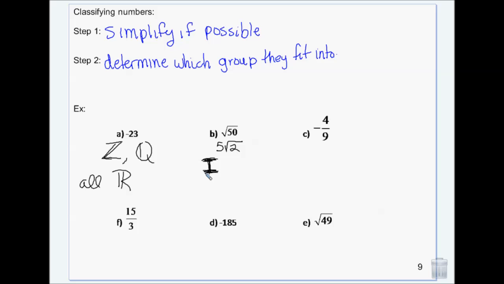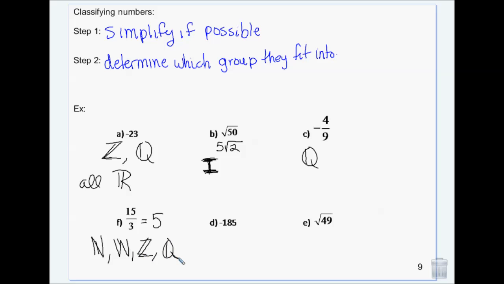Negative 4/9. I can't simplify it, but it is a fraction, which makes it rational. Okay, 15/3, if you divide that, you get 5. So this is a natural number, a whole number, an integer, and a rational number.